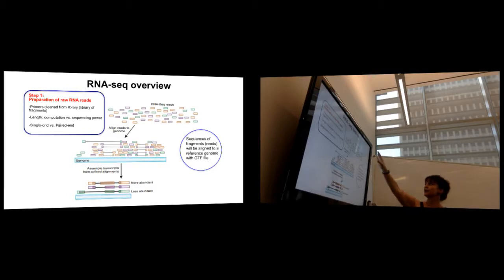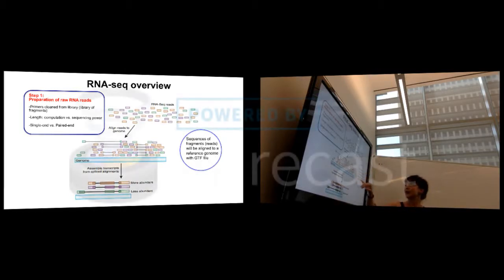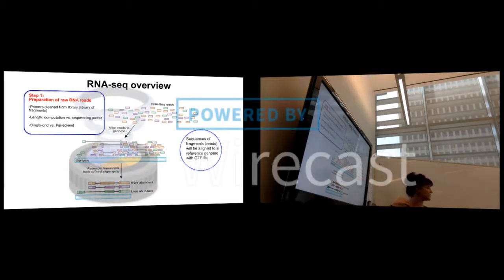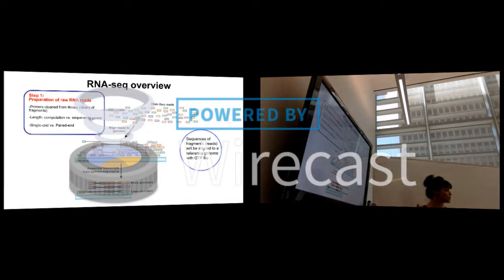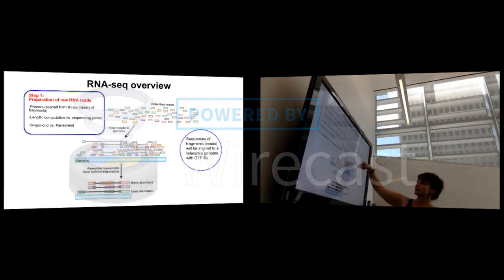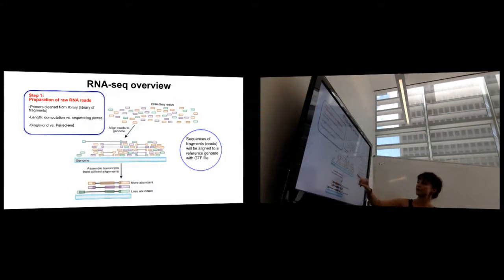Now, once you have these done, you're going to align them to what's called a GTF. GTF just means that it's annotated, so the genes have the name of the gene, that sort of thing. So as these fragments get aligned, you can see that certain fragments are going to go from here to here, but on the genome there's space in between them.